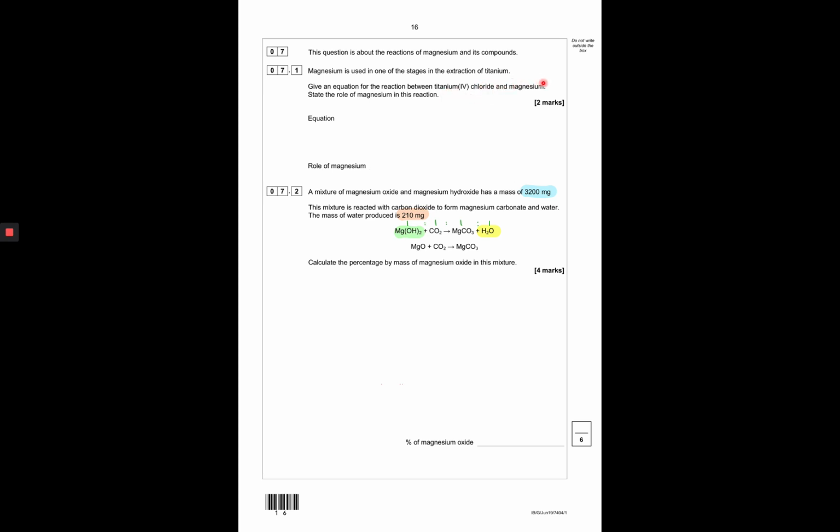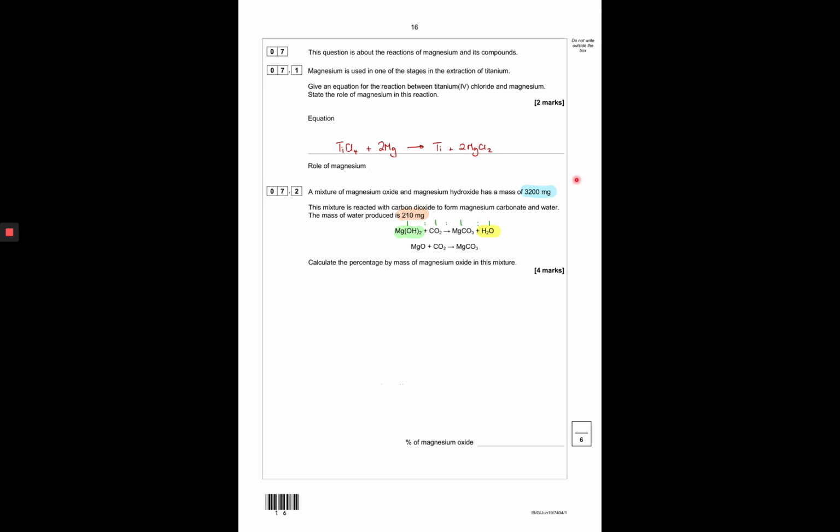Now magnesium is a group 2 metal, so when you make magnesium chloride, it's going to be MgCl2. So you do have the information to produce this equation, and you just then needed to balance it. So it was titanium chloride plus magnesium goes to titanium plus magnesium chloride, because they are talking about the extraction, so you know you're going to end up with the metal titanium at the end.